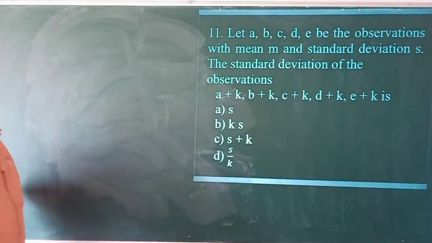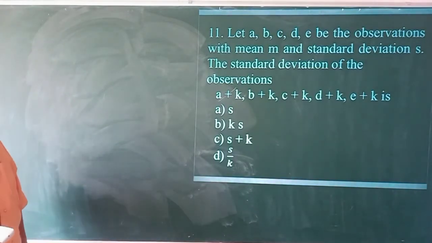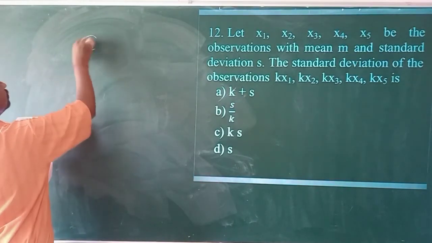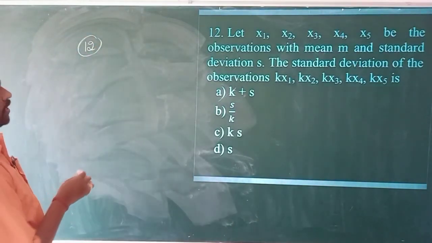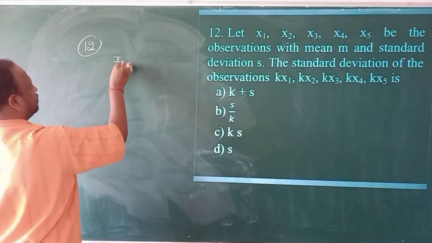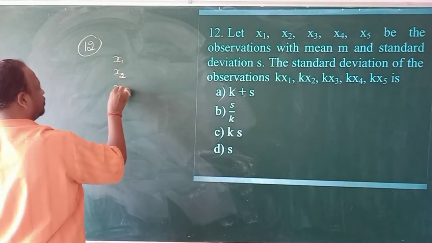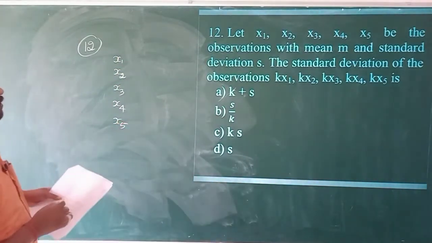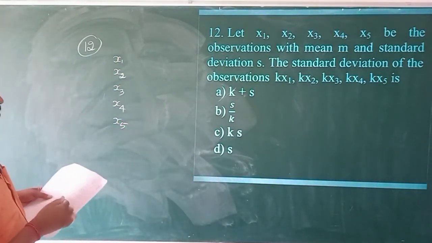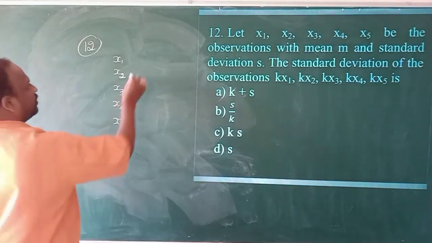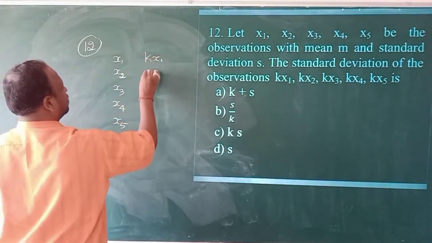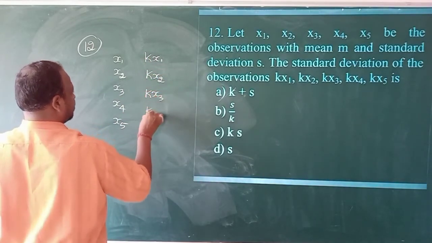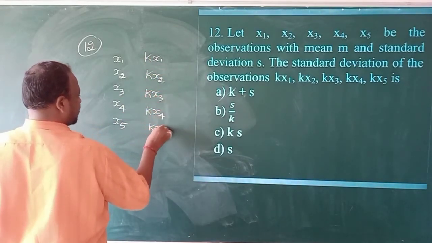Next one. 12th one. So here x1, x2, x3, x4, x5 are observations. Standard deviation is again S. What is the standard deviation of kx1, kx2, kx3, kx4, kx5?